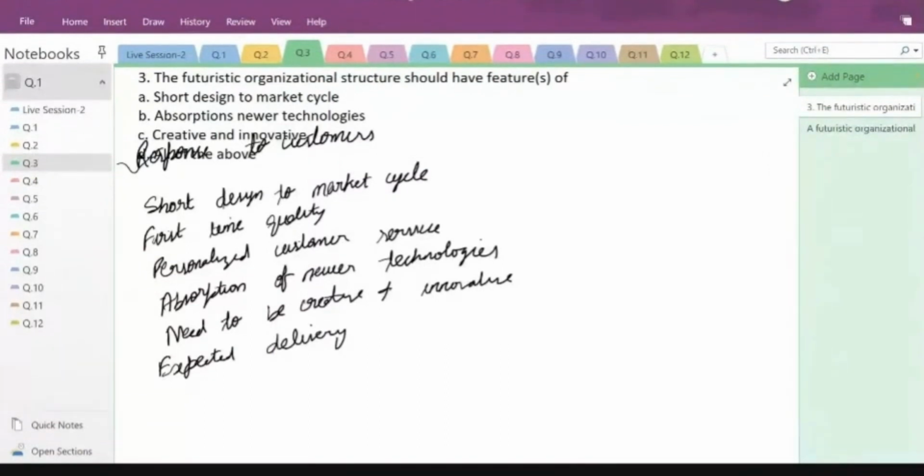Response to customer: if any organizational structure is to change, what should be kept in mind?